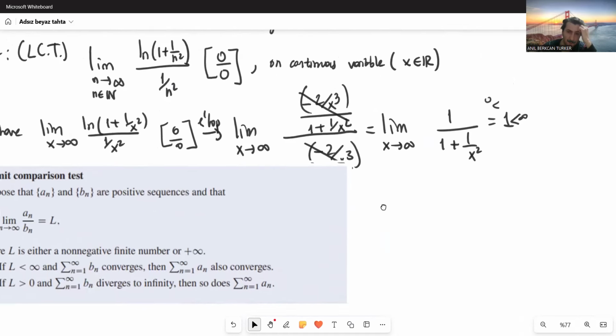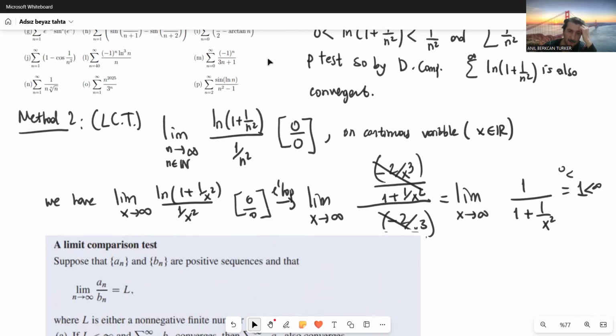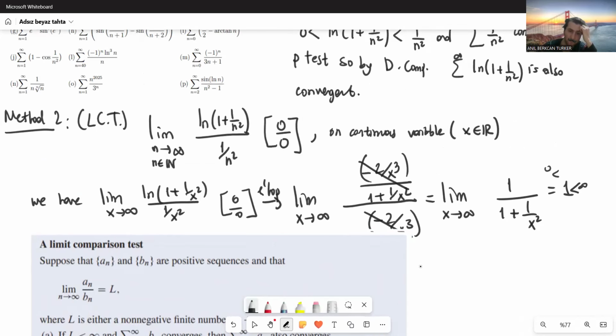Then, by the p-test, we have more details. This limit in the discrete case is also 1.